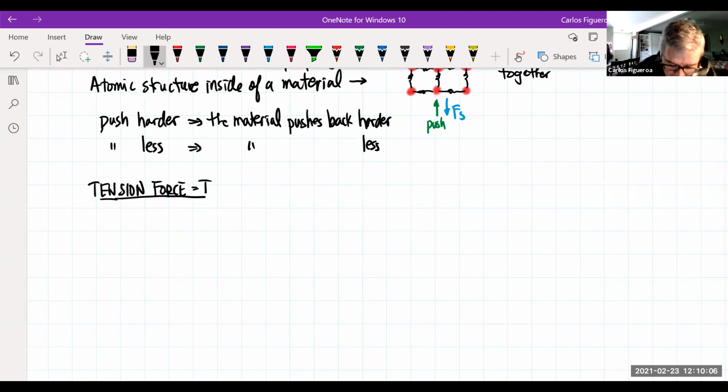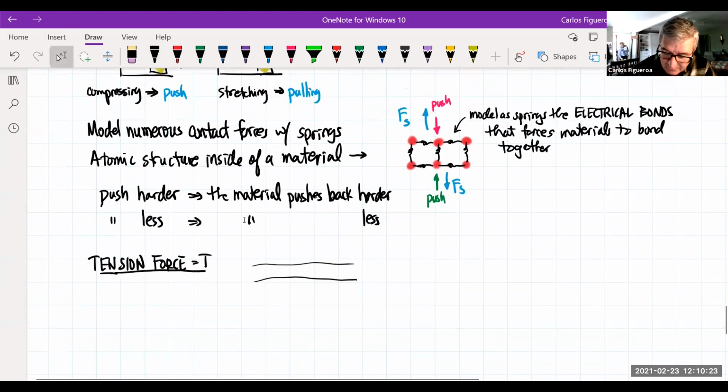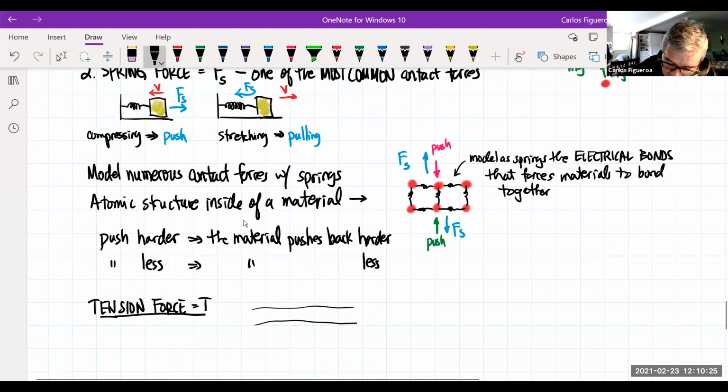So if I have a piece of rope or a string, what I imagine here is that I'm going to have a series of little atoms, right? So in other words, I'm going to be looking at something like this here. I imagine that I'm focusing on this atomic structure here, but now it's going to be tiny. So check this out.